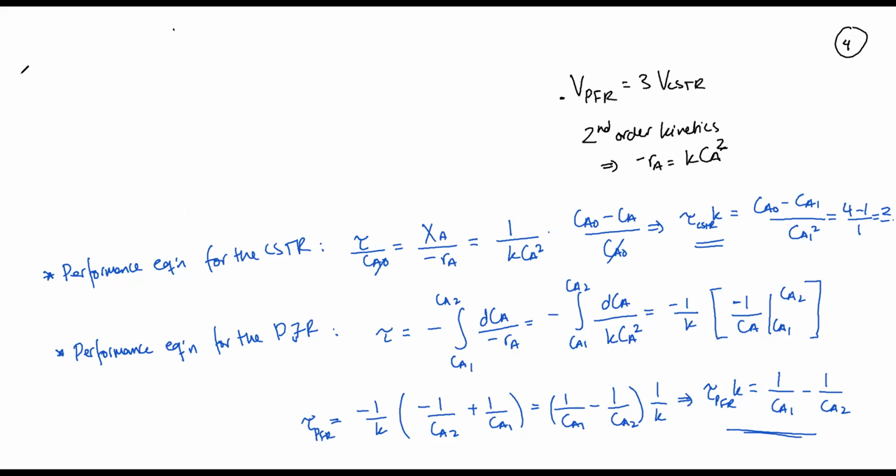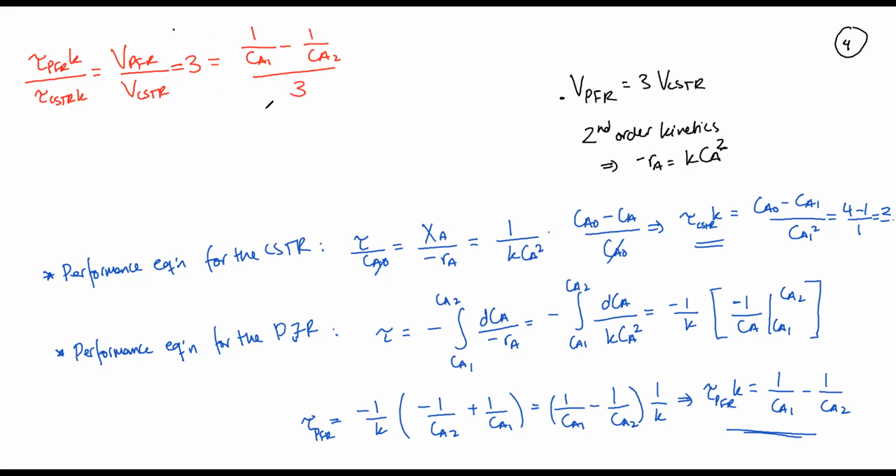I'm going to say that tau PFR K over tau CSTR K is equal to V PFR over V CSTR, and this is valid assuming constant density and epsilon equals 0, is equal to 3. And this will be equal to 1 over CA1 minus 1 over CA2 divided by tau CSTR K, is equal to 3.